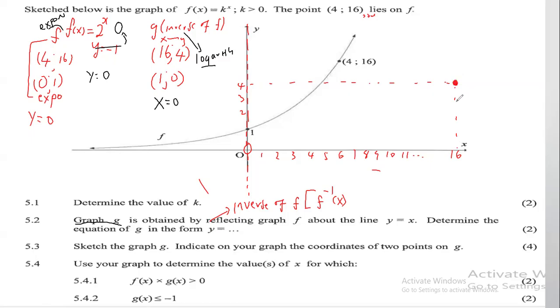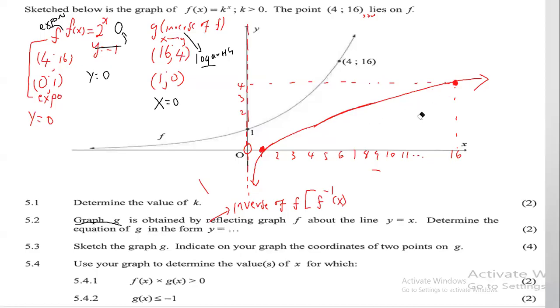And I will also have 1 and 0 where x is 1. You can tell that that is the x-intercept. It has to be on the x-axis. So the graph appears to be like this. I know it won't touch the y-axis. Yes, something like this.